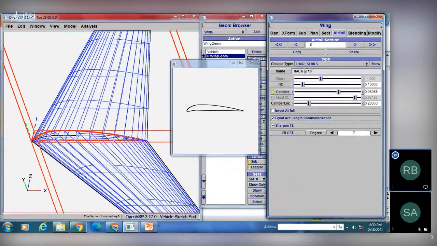First digit, second digit, third and fourth digit. The last two digits will give an idea about the maximum thickness of an aerofoil. The second digit will give you an idea about the location of the camber, and the first digit will give you an idea about the camber magnitude.